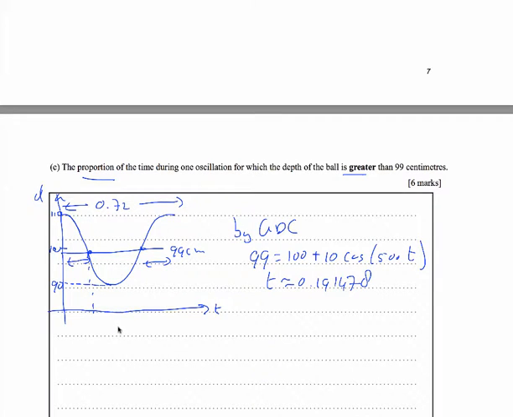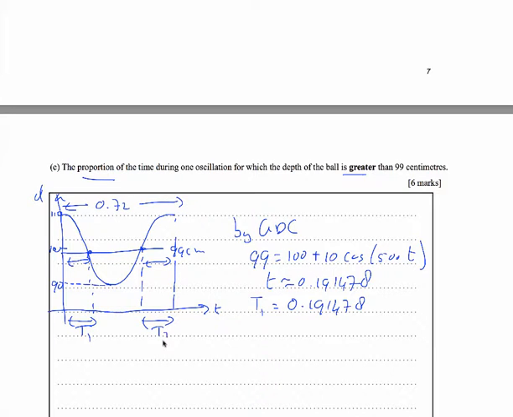Right. So it starts from 0. So let's call this capital T1. So T1 is equal to that minus 0. So 0.191478. Okay.